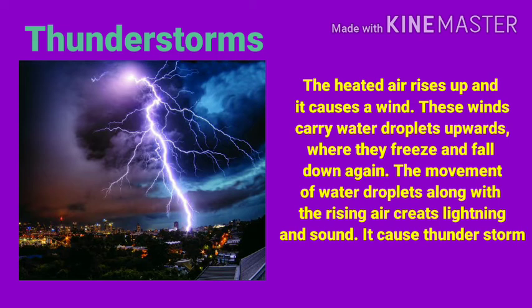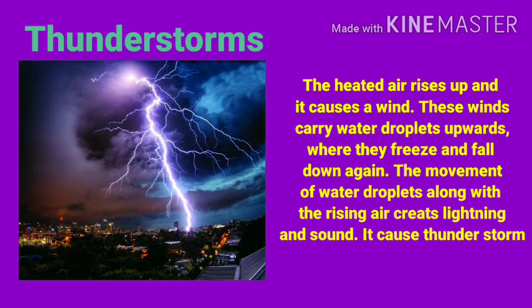The air is moving upwards and the water droplets are coming downwards. The swift movement of the falling water droplets along with the rising air creates lightning and sound, my dears. It is this event that we call a thunderstorm.